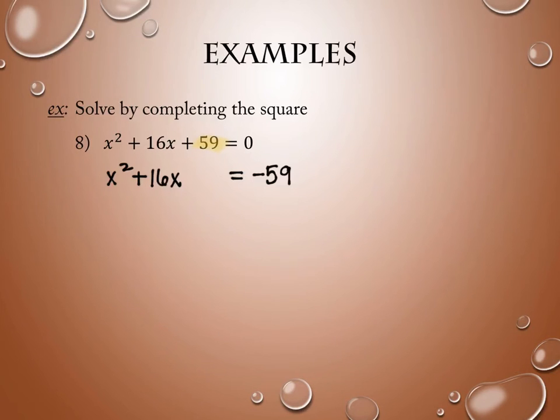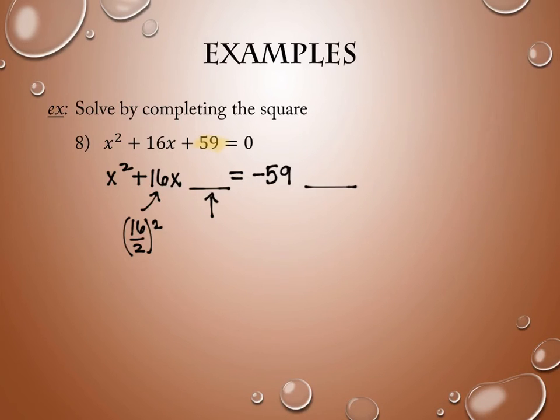Nice. So we need to figure out what needs to be added right here. What am I going to put in that blank to make this work? Well, I'm going to put in the number that is this value divided by 2, squared. So what is 16 divided by 2 squared?